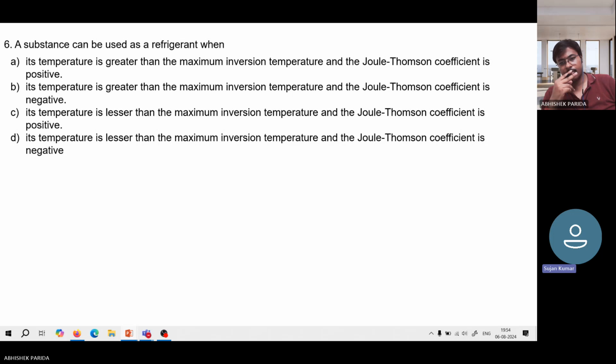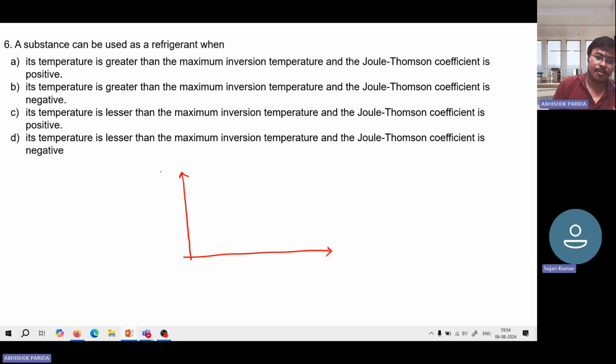Okay. In the meantime, the Joule-Thomson coefficient must be positive, sir. If it is negative, it indicates a heating process. Correct. Less than 0 means heating, greater than 0 means positive, and that is advisable for a refrigerant. Perfectly, you are right. So just remember this curve. These are all isenthalpic curves.